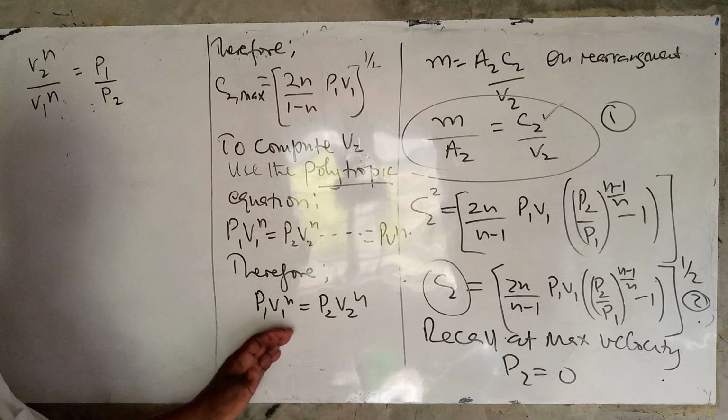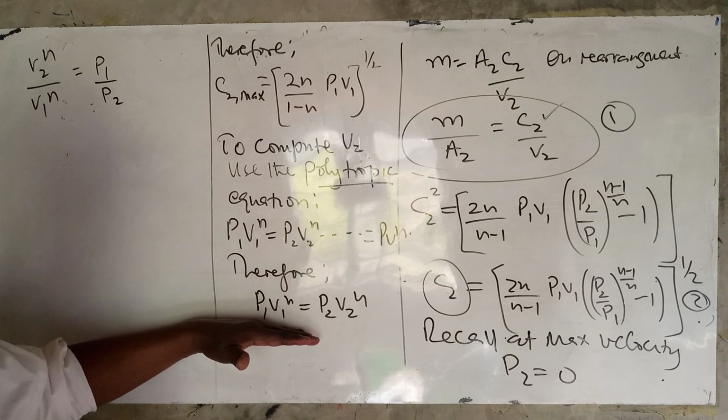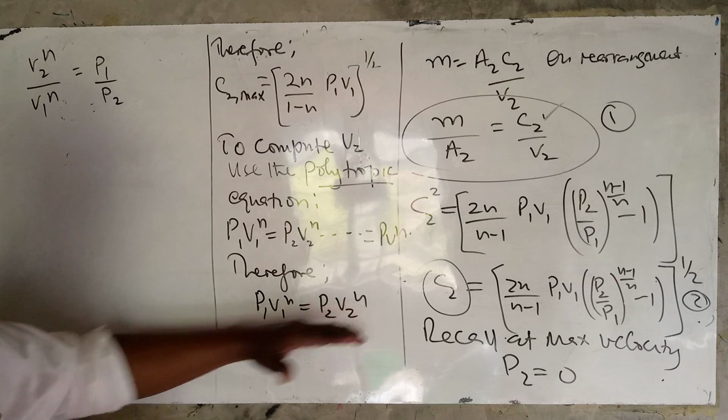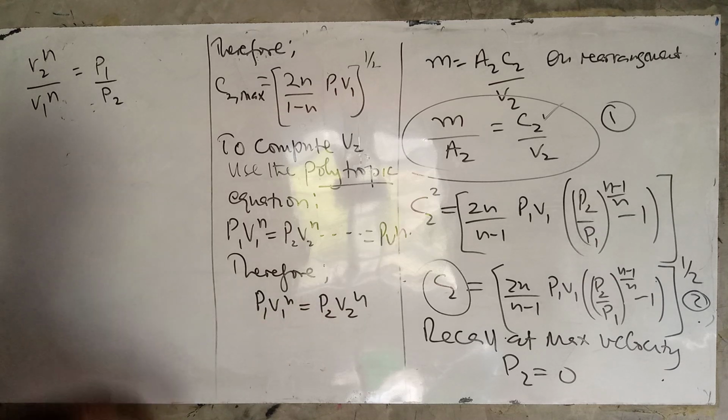So I've just divided with V1 raised to power n on both sides and divided with P2 on both sides. So we have that expression.